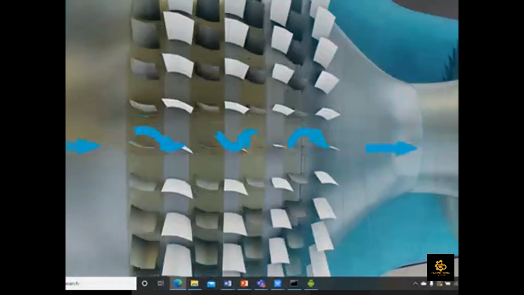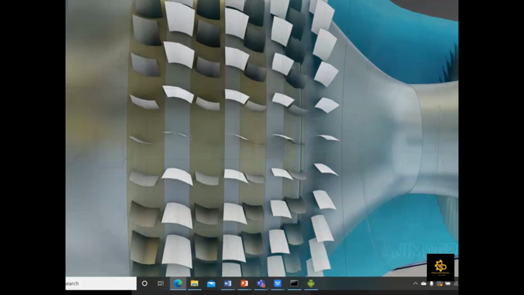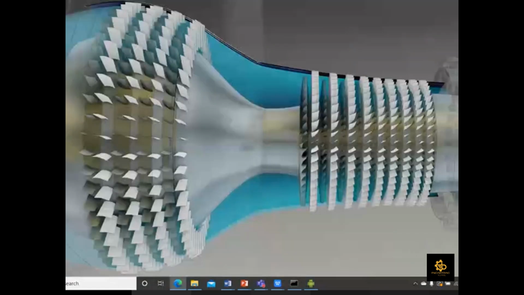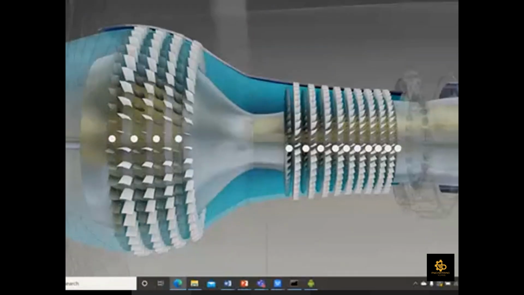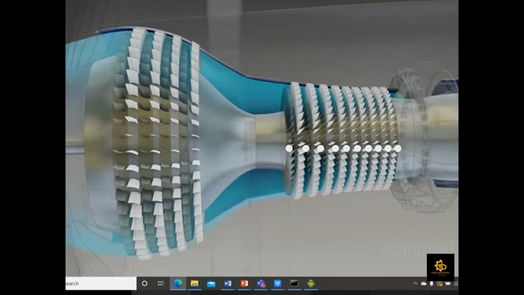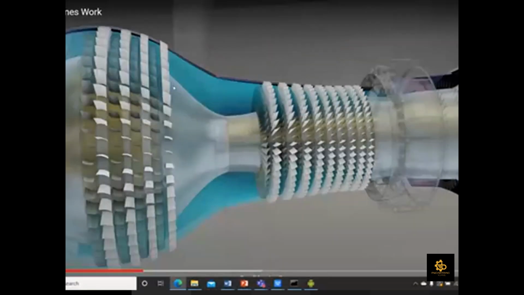Okay, so the air is passing through all the blades. Here we call it the low pressure stage, and this is the high pressure stages.